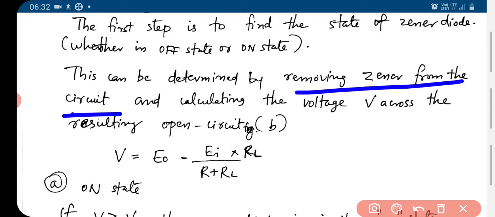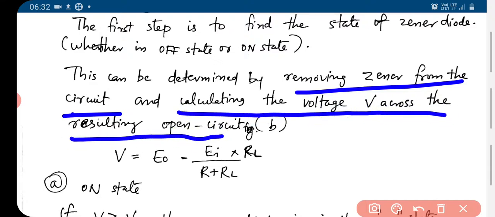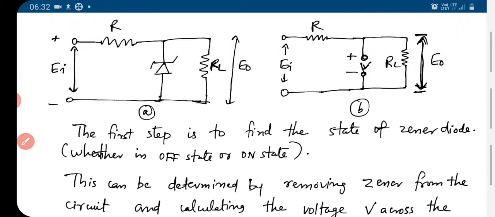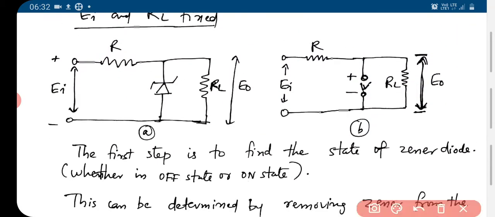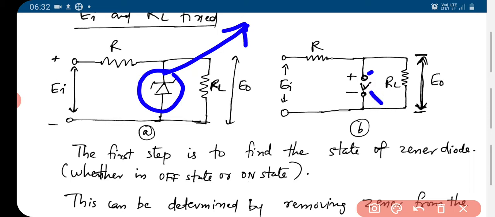We imagine that the Zener is removed, and calculate the voltage across the resulting open circuit, that is V.